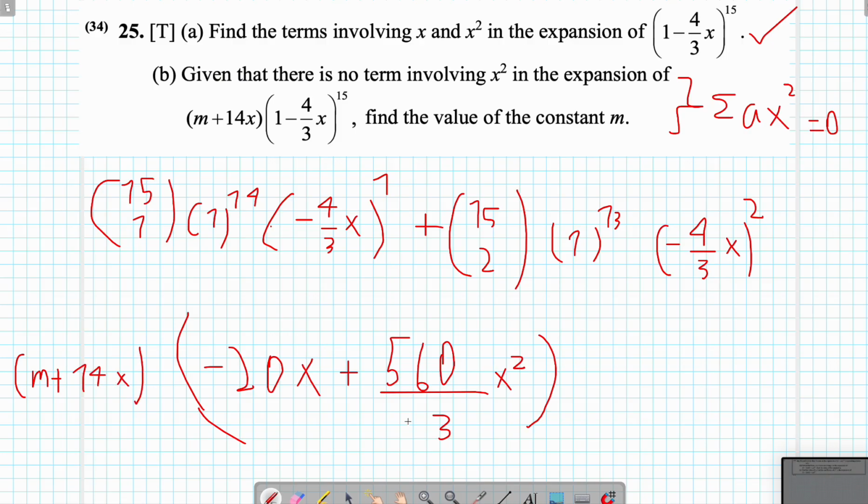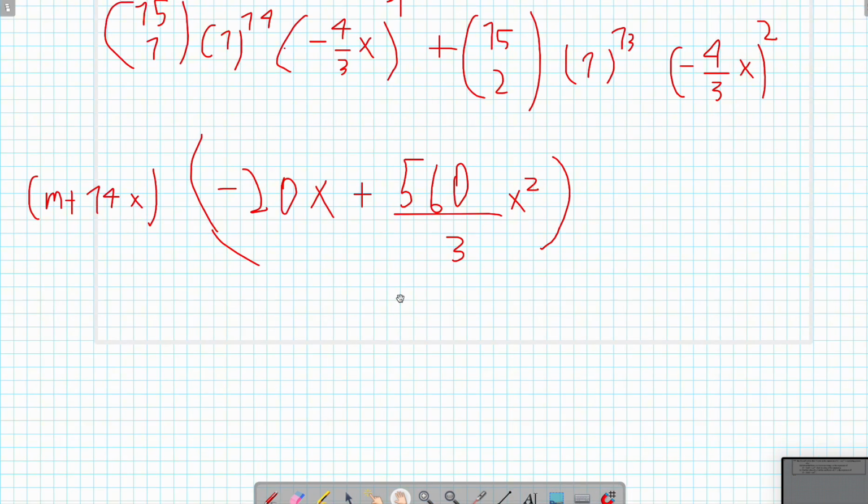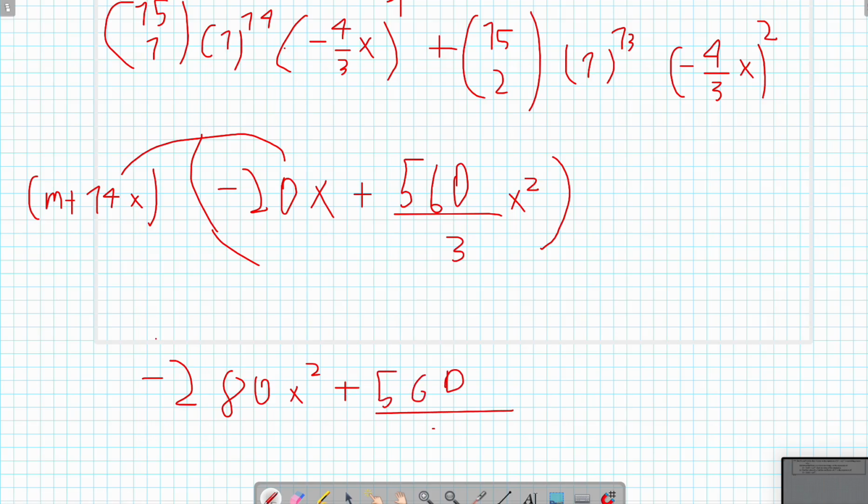Then now let's simplify. 14x with negative 20x, which is negative 20 times 14, yeah, negative 280x squared, plus 560 over 3 mx squared, all of that is equal to 0.